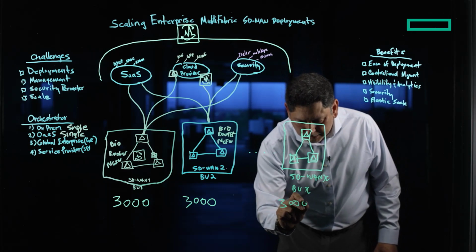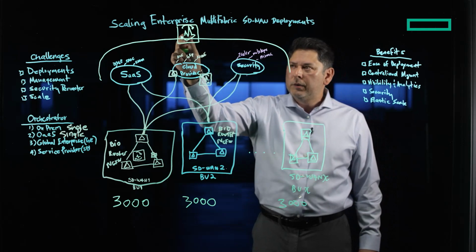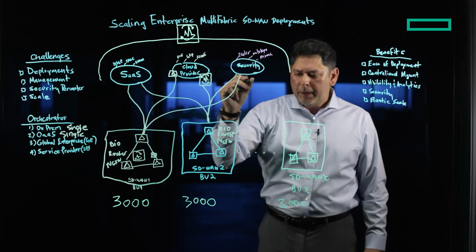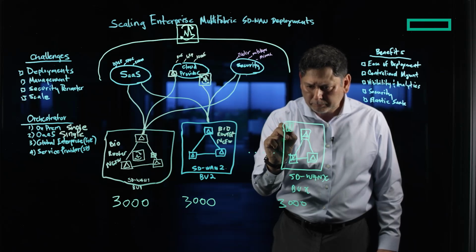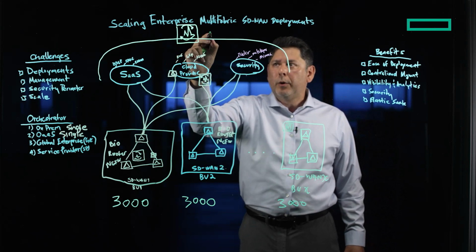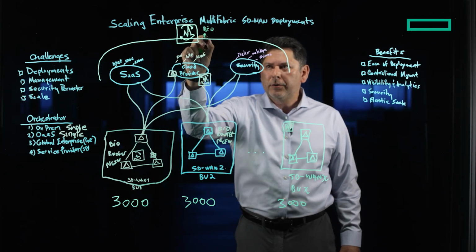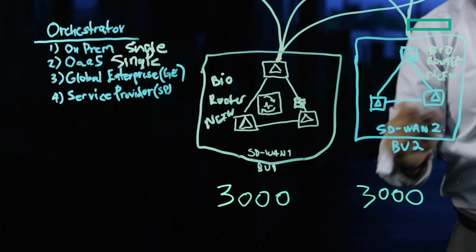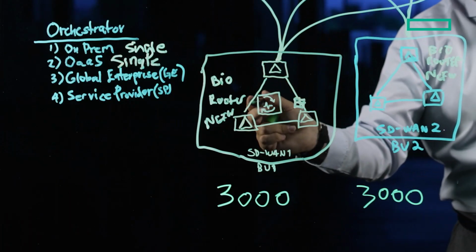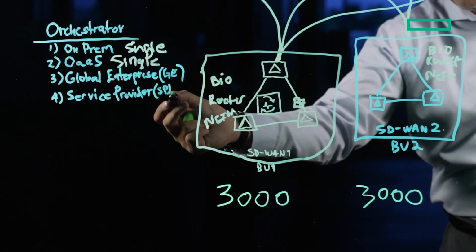So we can have a separation of business units, different networks, but still be managed within one single orchestrator. So in this case here, if I were to deploy that one single orchestrator for that connectivity, now I'd be able to just pull in and deploy the BIO information, such as firewall configurations that we're so used to configuring from Orchestrator as a Service or the on-prem configuration. And this is very similar with Service Provider Orchestrator SP.